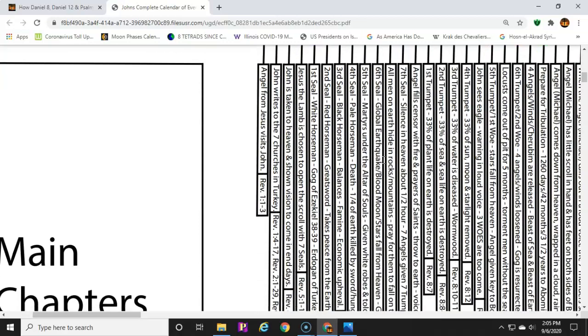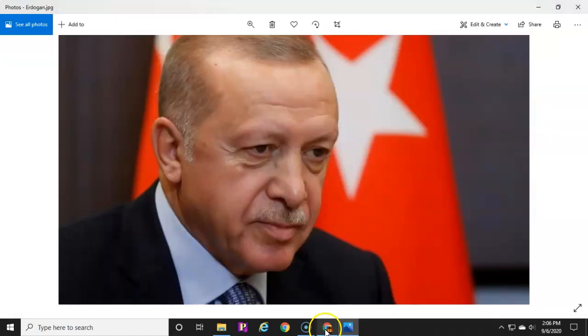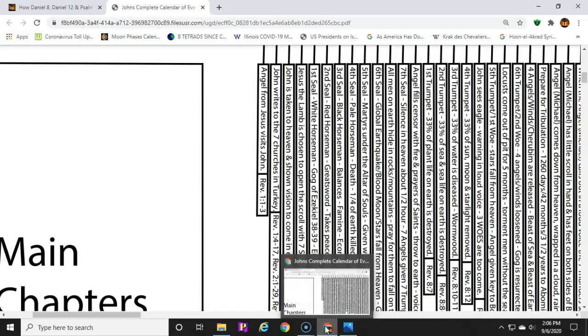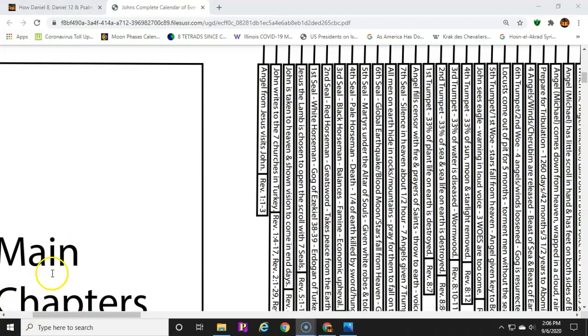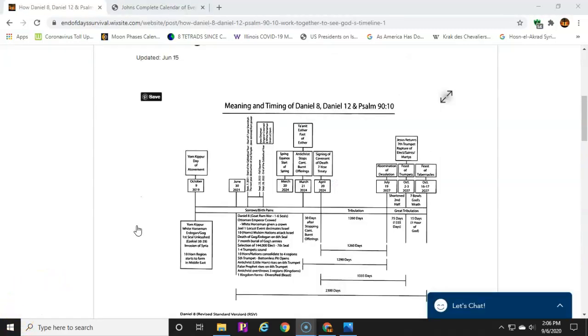So the first seal is broken. Erdogan is sent out. We saw a major invasion of Syria, and that major invasion happened on Yom Kippur. Yom Kippur was on October 9th of 2019, which was amazing because that was actually my birthday.